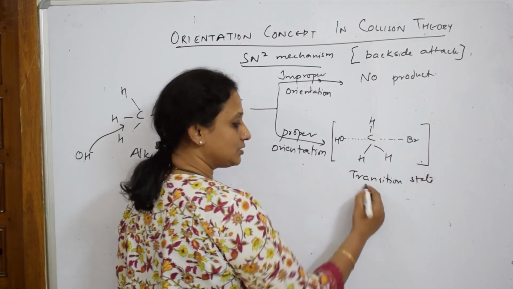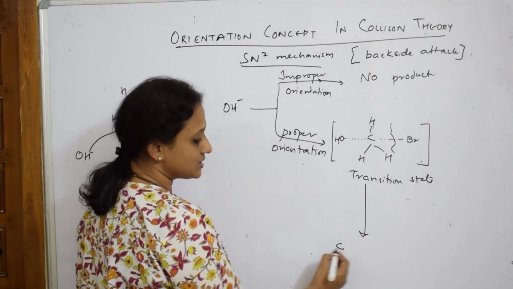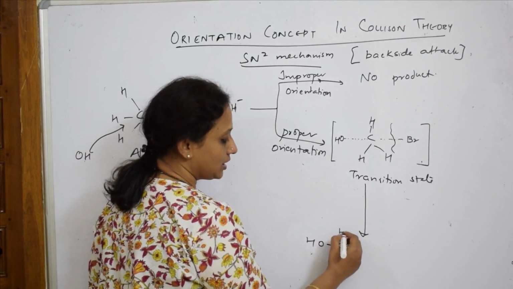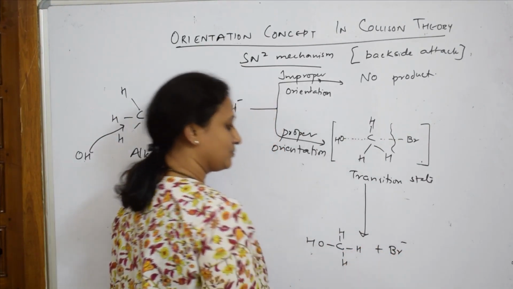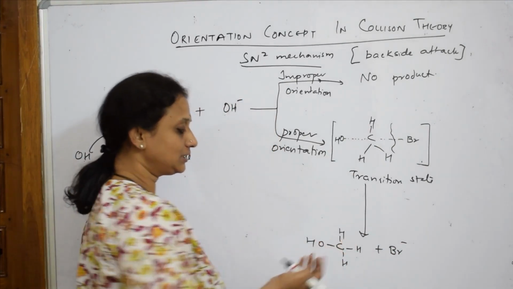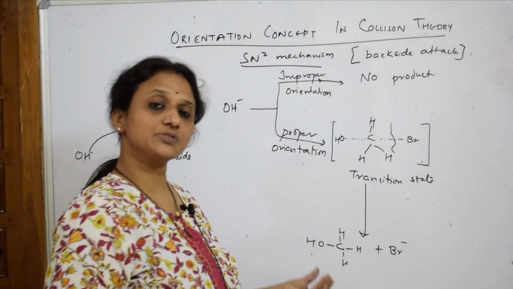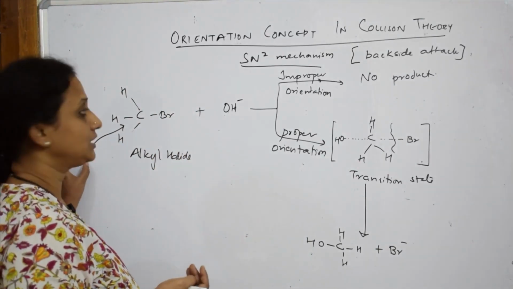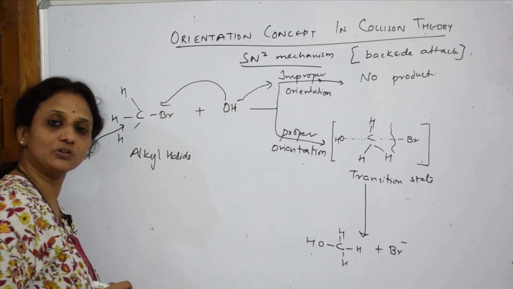Now this breaks up, there is cleavage of the bond, and you get the alcohol HOCH2 with H and H, and Br minus. So the required product is formed only when there is proper orientation of the nucleophile. If it is improperly oriented from this side, you will not get the products.